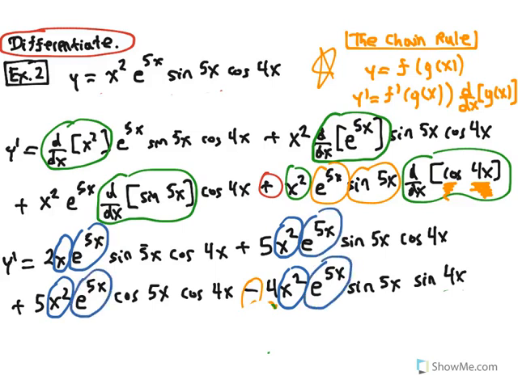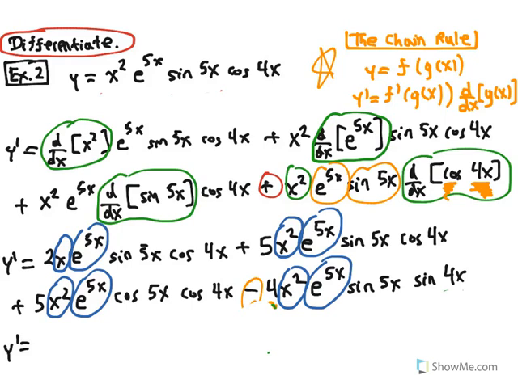So that could also be factored out. And then not all 4 terms have a common factor of sine of 5x, or of cosine of 4x. So what you can do is just factor out an x and e to the 5x from each term.